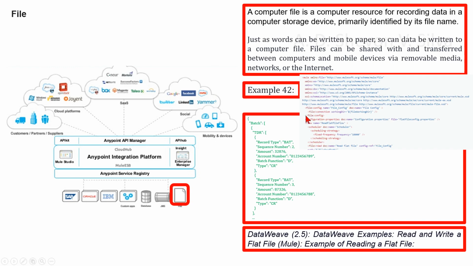Here is the application.xml file, and a section of application.xml file. Note that the File Read operation configures the following attributes. A path to the flat file to read.